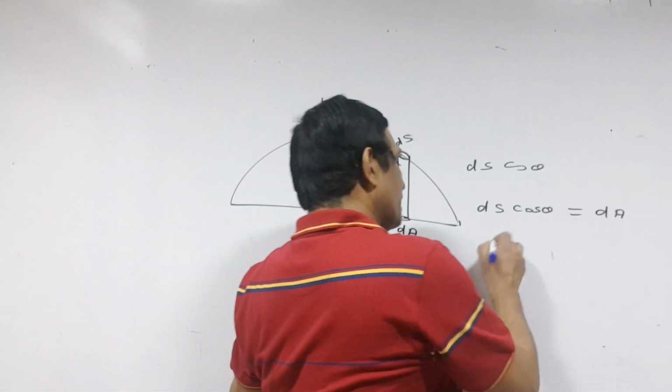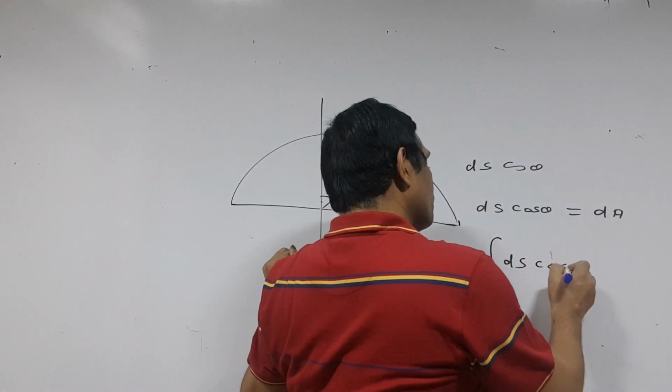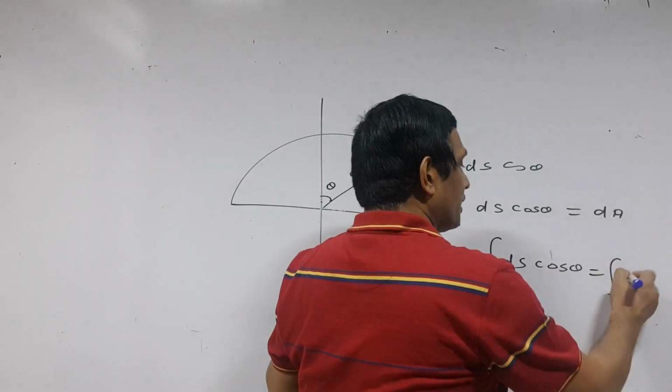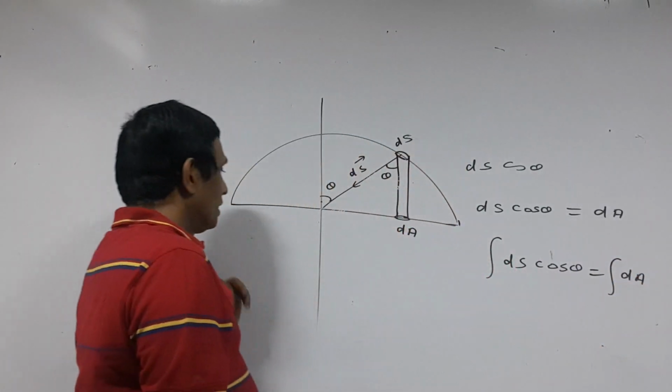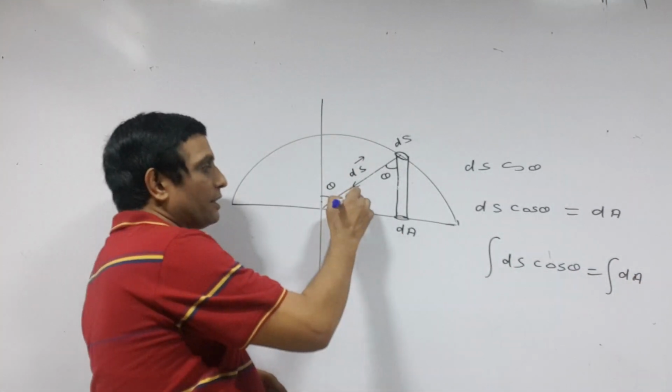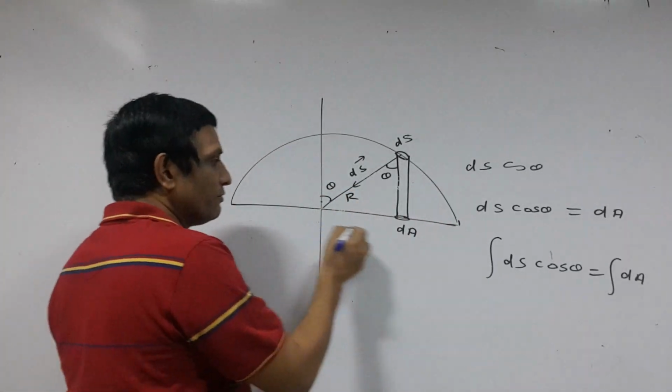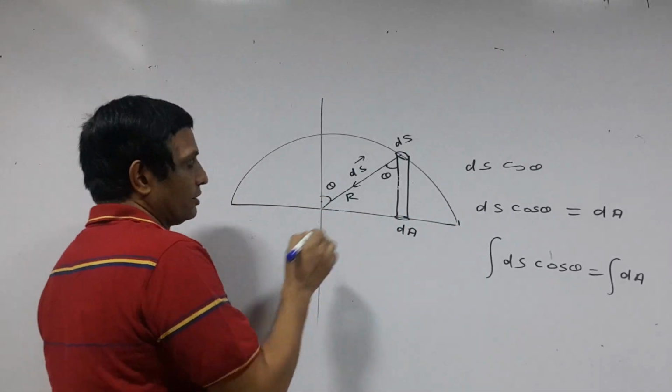If you try to get the integration of ds cos theta, then that will be equal to the integration of dA. Suppose the radius of this hemisphere is r, then its base will be circular.